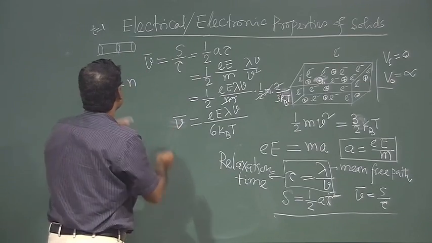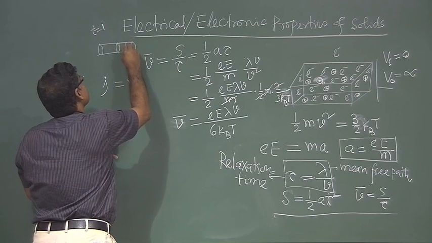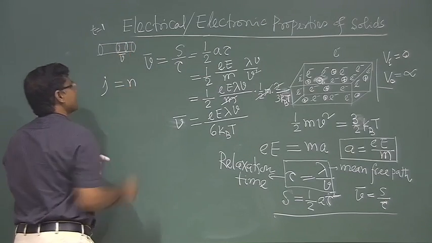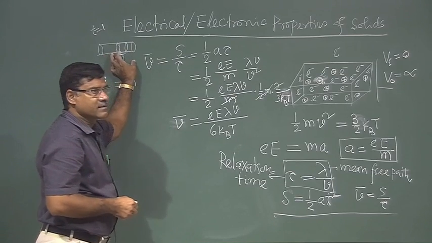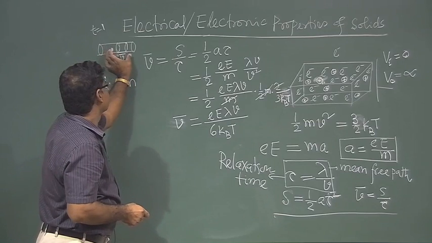So, this length is v bar, because this length is traversed in 1 second.